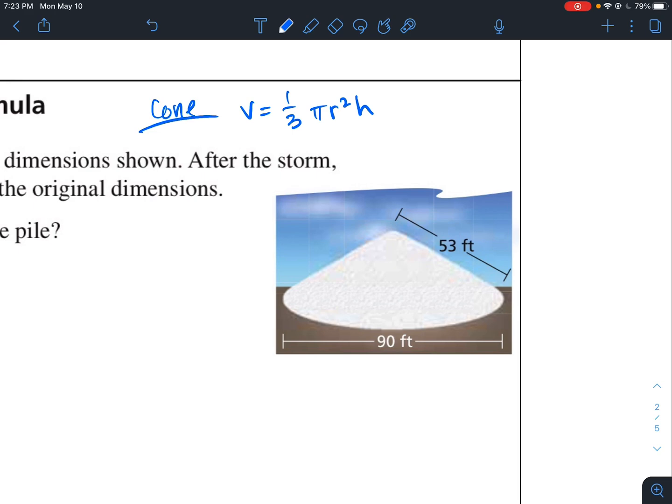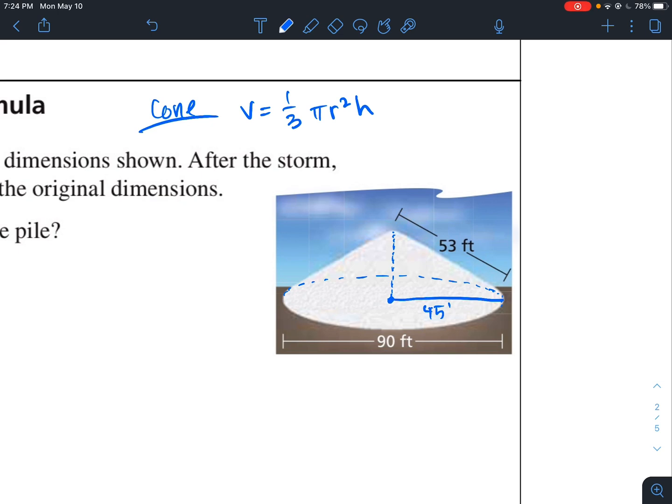So we need the radius of this cone pile. So we see here that we have the diameter as 90, which means it will have the radius of 45. So from here to the edge, this should be 45 feet. Now the height would be represented right here. So that would be the height.